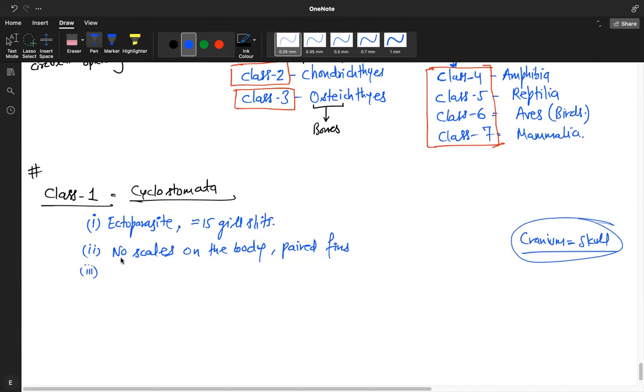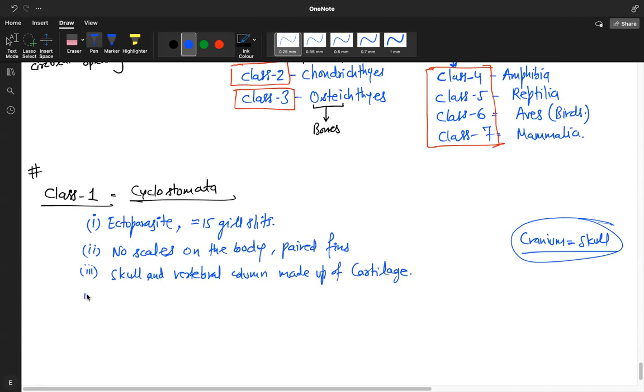So their cranium, which means their skull, and their vertebral column, both are made up of cartilage. So you can simply write skull and vertebral column made up of cartilage. These are the kind of organisms which have a cartilaginous vertebral column.